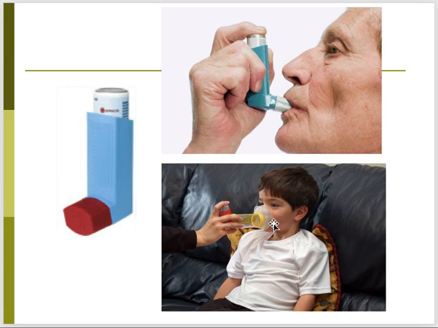We tell them that besides the regular inhalers, you have to buy the spacer devices, and sometimes if the child is too young, you have to get the mask as well.